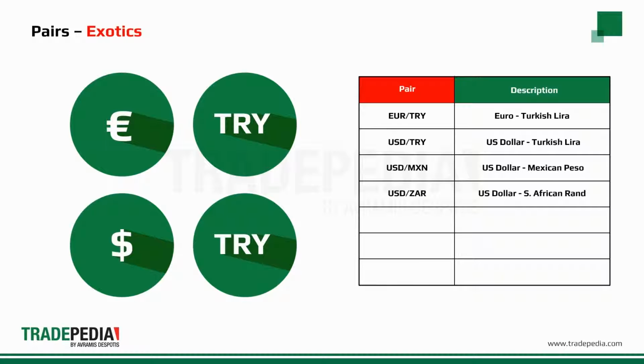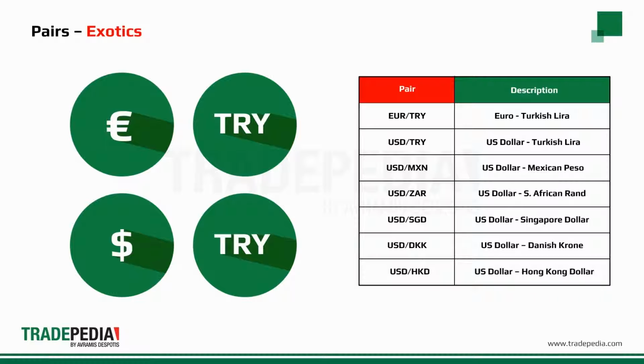USD-ZAR. US dollar against the South African rand. USD-SGD. US dollar against the Singapore dollar. USD-DKK. US dollar against the Danish krone. And USD-HKD. US dollar against the Hong Kong dollar.